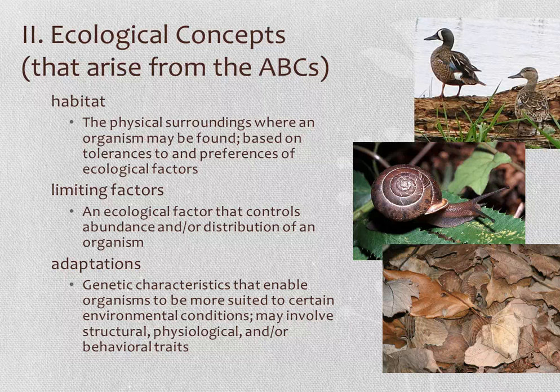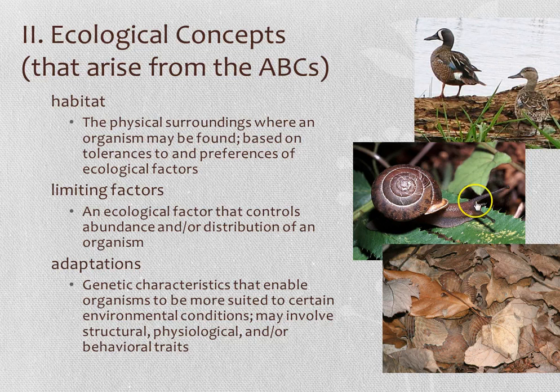The pictures to the right illustrate each one of these. For example, habitat. If you want to see waterfowl, then you're going to have to go to a place, obviously, that has a lot of water. Limiting factors, a good example from my research is the influence of soil calcium on determining land snail abundance.